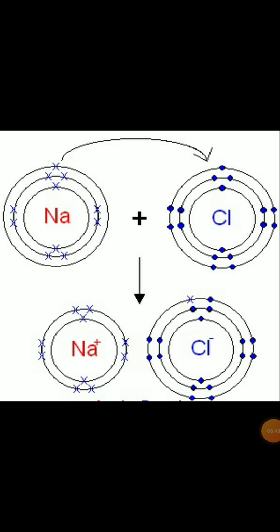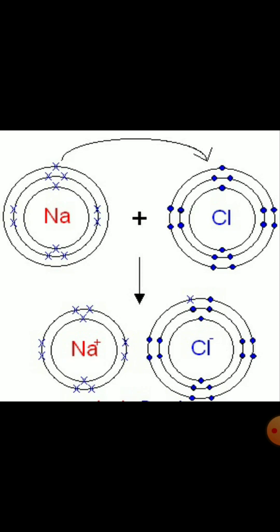Now let us learn the formation of NaCl, that is sodium chloride. We have already learned that sodium loses an electron and it becomes a cation, a positive ion, whereas chlorine gains 1 electron and it becomes a chloride anion.